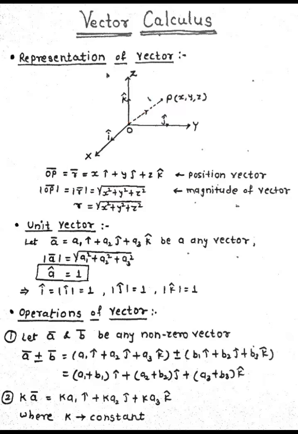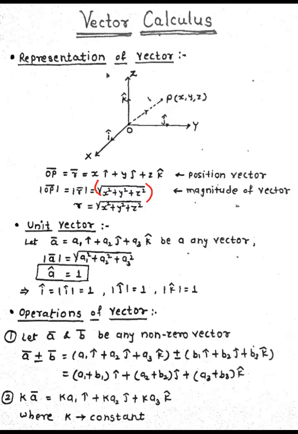Now, if you know the vector, then you can find the length of the vector, that is the magnitude of the vector, and it is denoted by mod of OP bar, that is the modulus of R bar, and it can be calculated by taking the square root of x square plus y square plus z square.